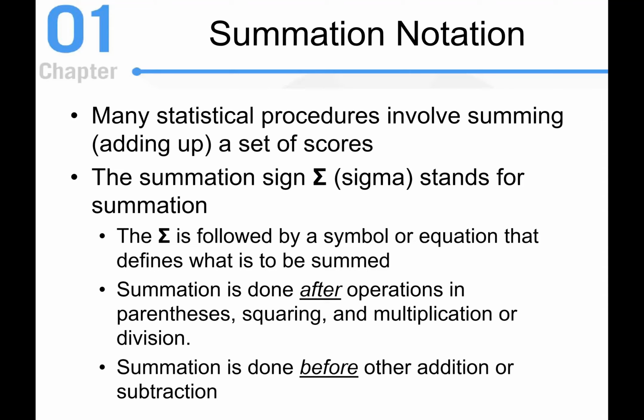Sigma stands for summation. And so the sigma, or the summation sign, is going to be followed by a symbol or equation that defines what is to be summed, what is to be added up. Now the summation is going to be done after operations in parentheses, after squaring, and after multiplication and division.